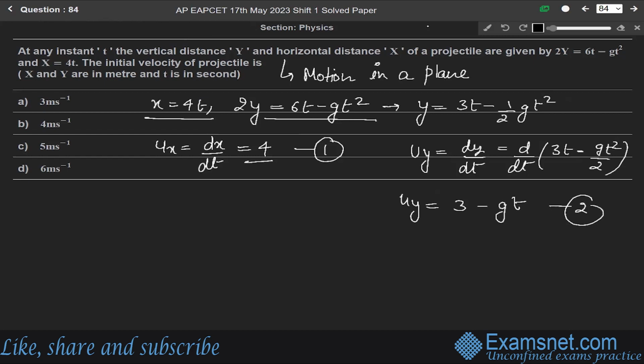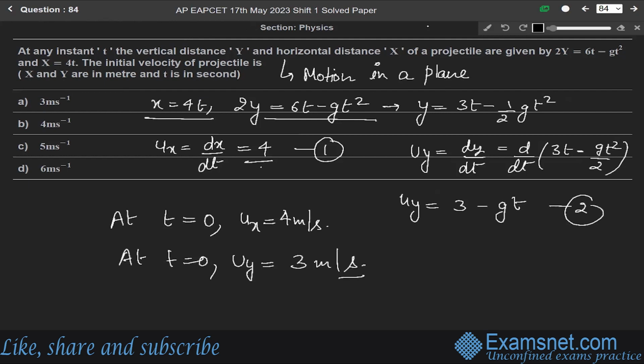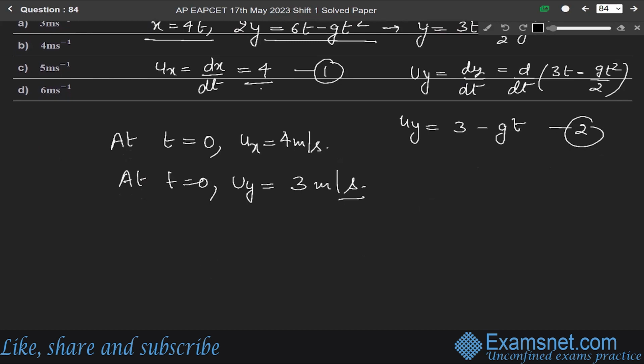So at time t equals 0, ux is equal to 4 meter per second, and uy is 3 meter per second. The initial velocity, at time t equals 0, will be u equals the resultant of ux square plus uy square.